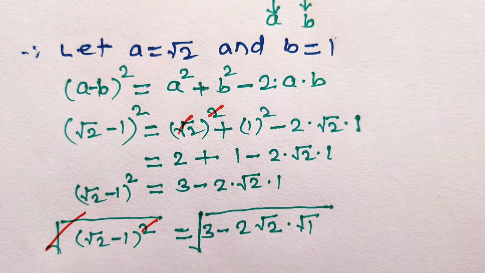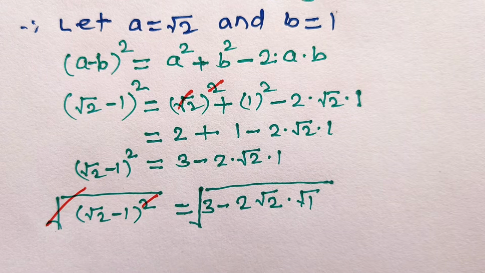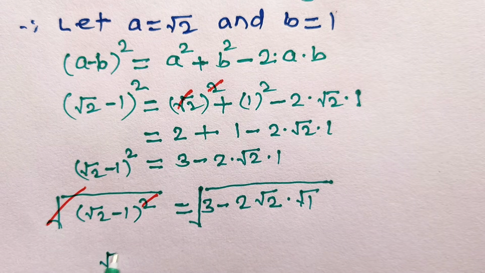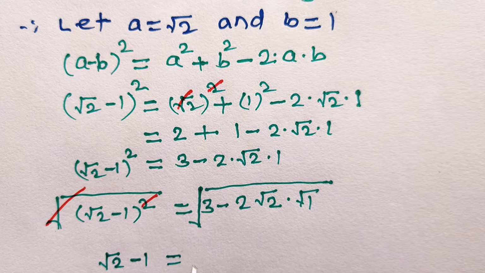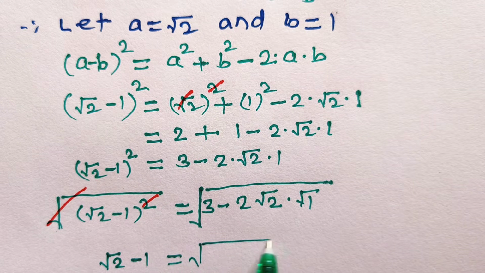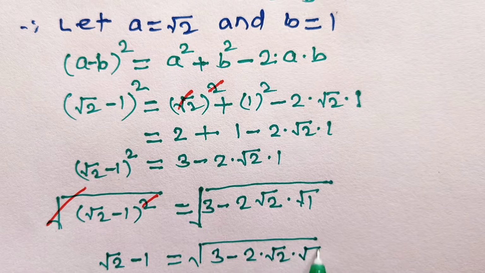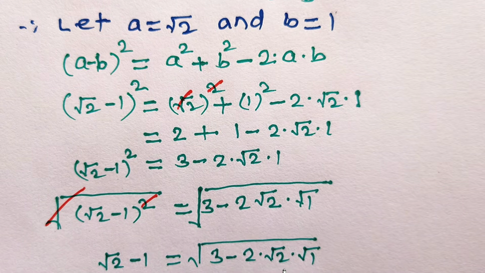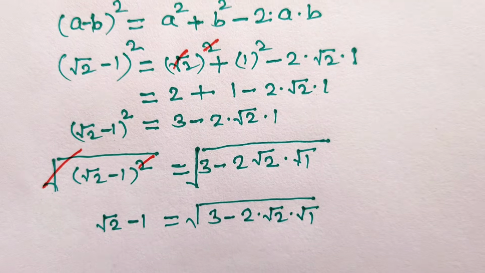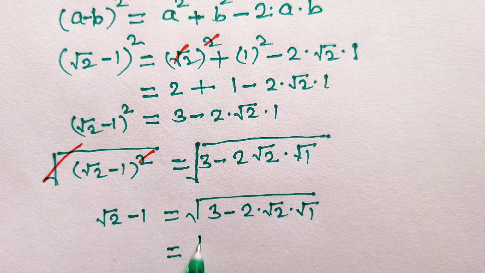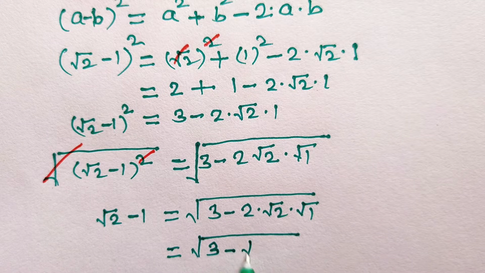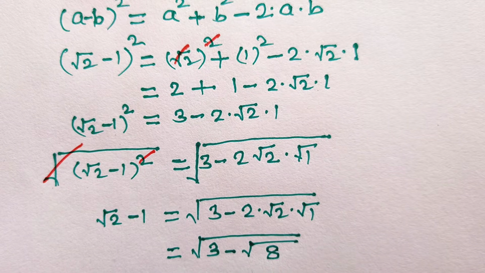Hence we can write square root of 2 minus 1 is equal to square root of 3 minus 2 into root 2 into root 1, and which is equal to square root of 3 minus square root of 8.